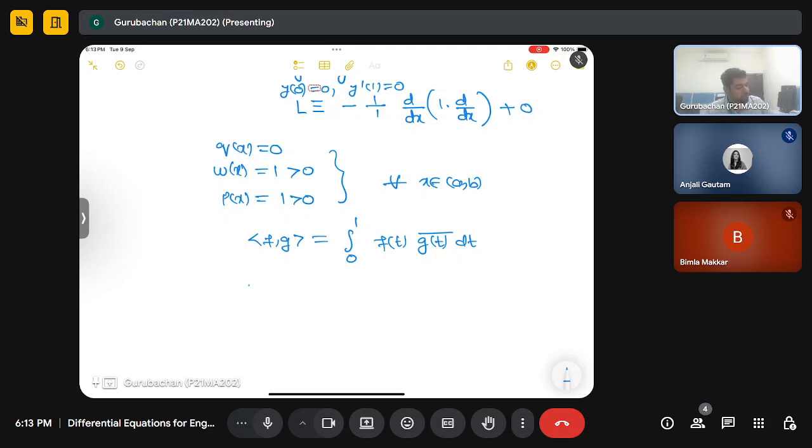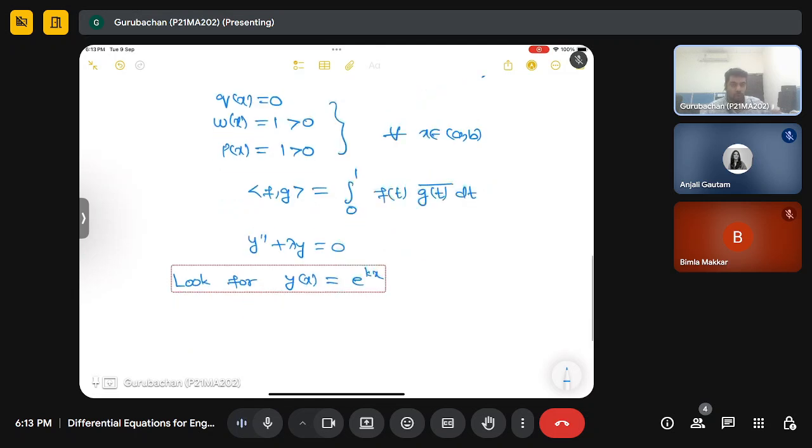Now this was the originally given ODE. You will look for a solution y(x) of the form e to the power kx. Then it will be k square e to the power kx plus lambda e to the power kx is 0, so k square plus lambda times e to the power kx is 0.